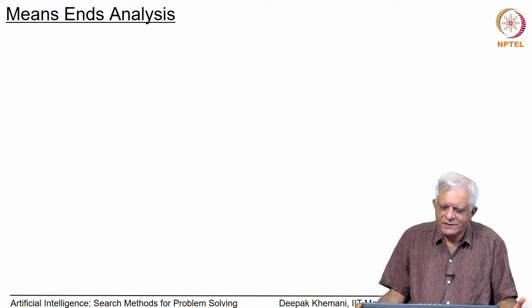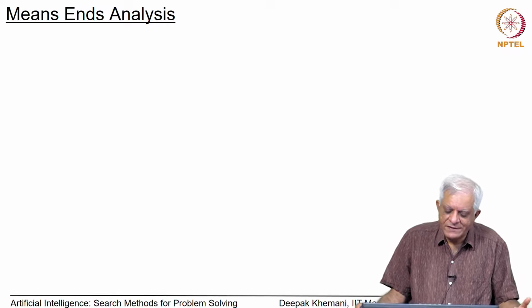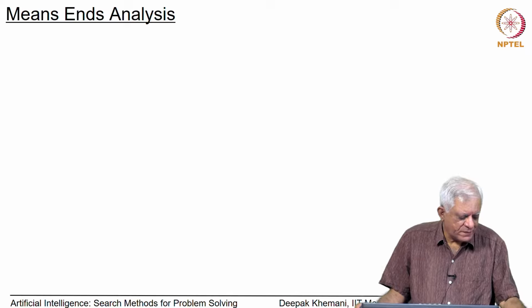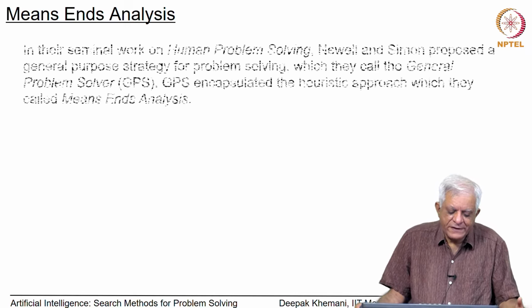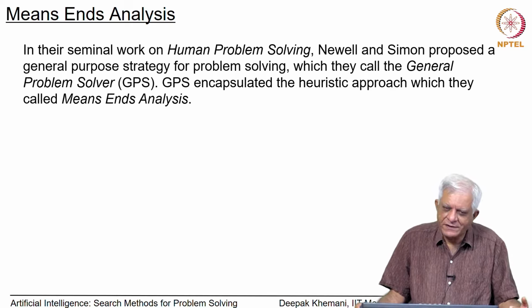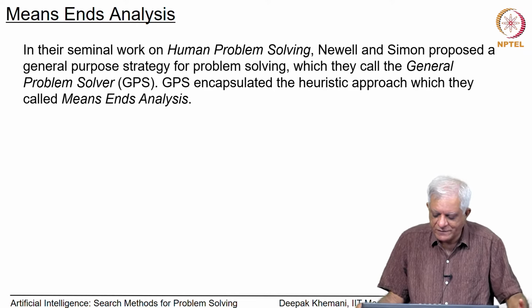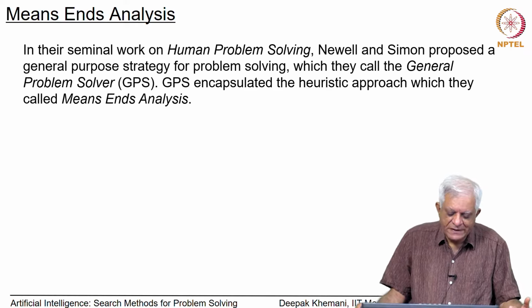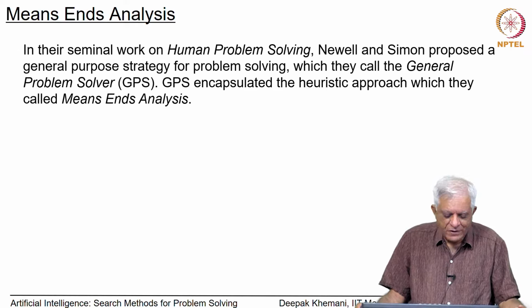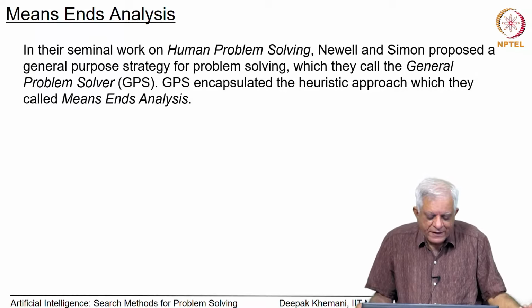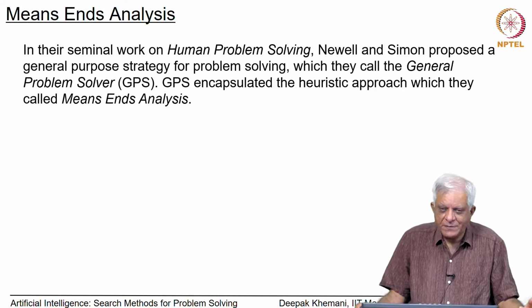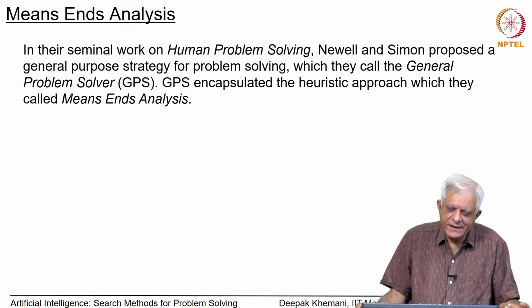Remember that we had talked about the Dartmouth conference, and two of the people who were there in the Dartmouth conference, which happened in 56 or so, were Allen Newell and Herbert Simon, and they, in their seminal work, and there is a huge book called Human Problem Solving, they proposed a general purpose strategy for problem solving, which they called the general problem solver. The program that is based on that is called the general problem solver, and this program encapsulates a heuristic approach, which they call means ends analysis.